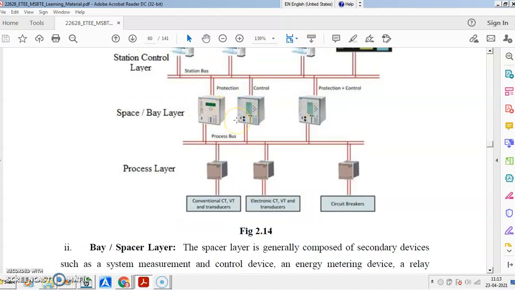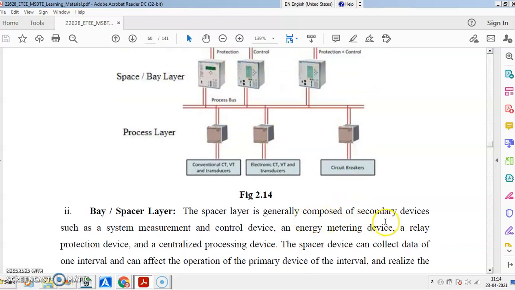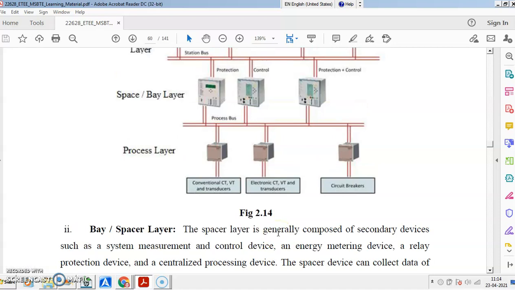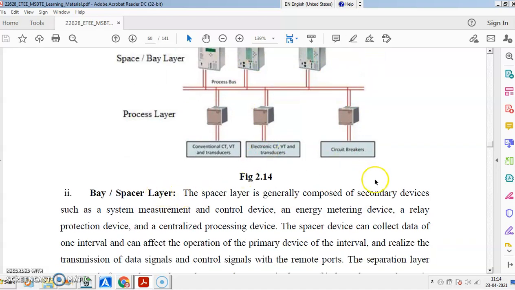Bay layer. In the bay layer, you generally have secondary devices. These are control devices like relaying control, protection control, protection plus control, relaying control and protection devices separately.